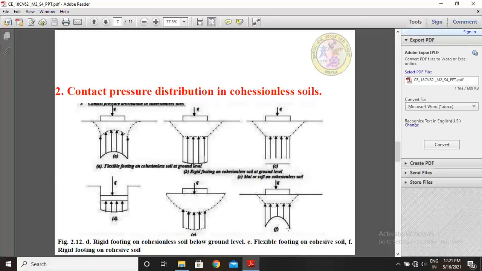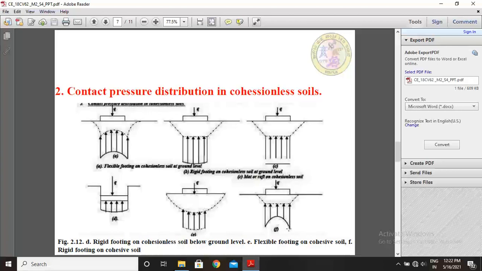For purely flexible footings, the contact pressure is uniform and equal to Q, that is, the applied structural load. Borowicka's results can be used to determine the contact pressure on a cohesive soil which behaves like an elastic soil mass.